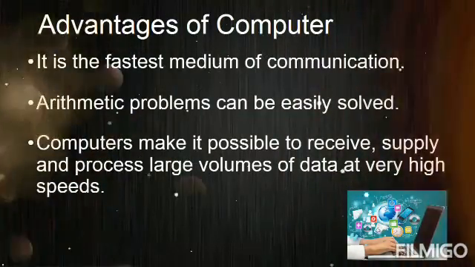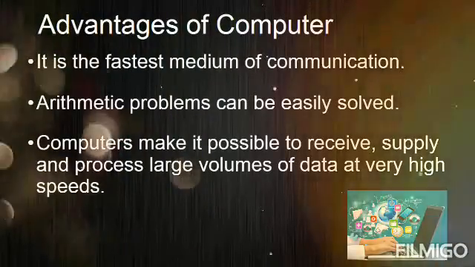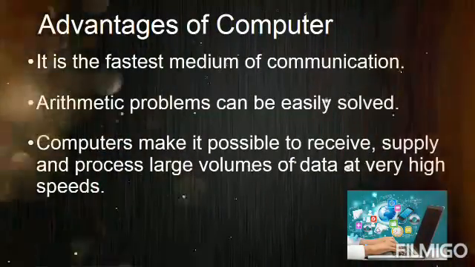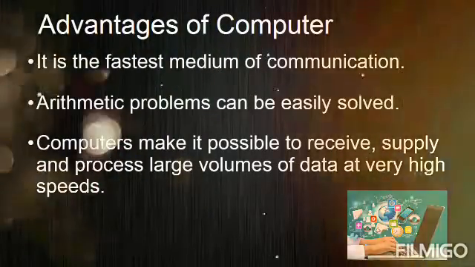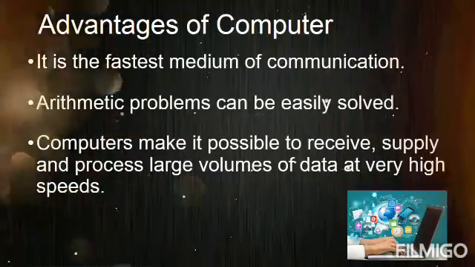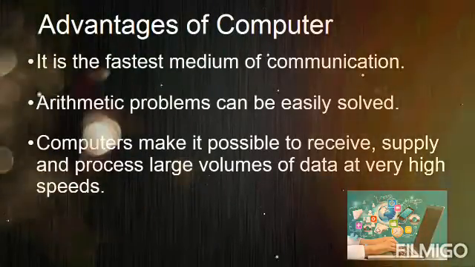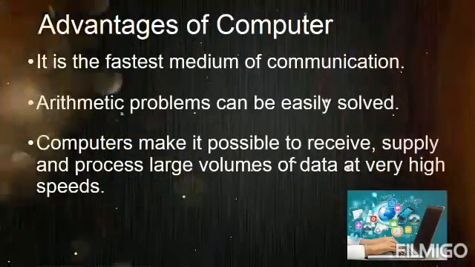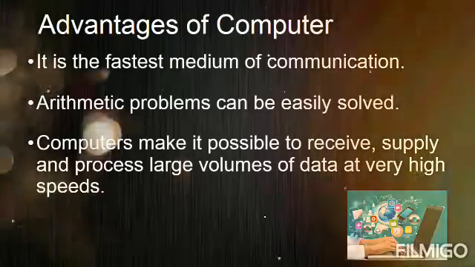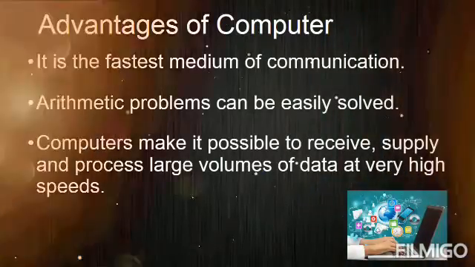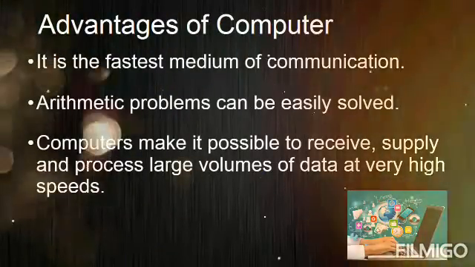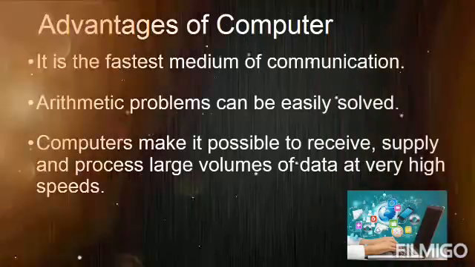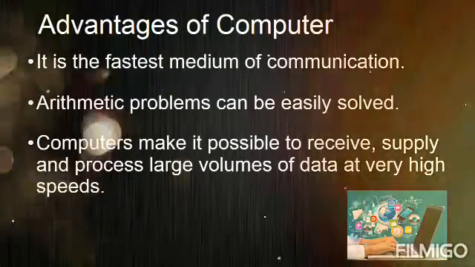A computer can do a variety of arithmetic operations, like comparing numbers and manipulating text, at great speeds, all at the same time. It takes a nanosecond, a billionth part of a second, to perform different operations. It has the capability to be programmed.